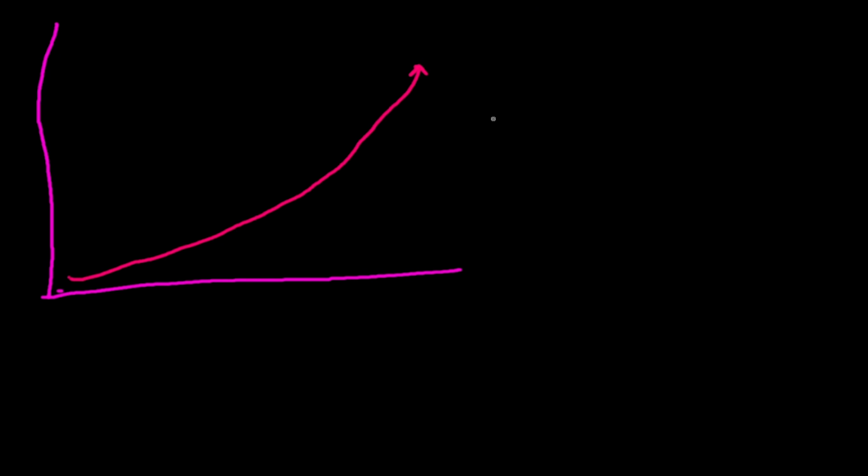But what we can do is take series that we know and compare them. So say we know that this green series that I'm going to draw right here diverges. We know that this diverges.